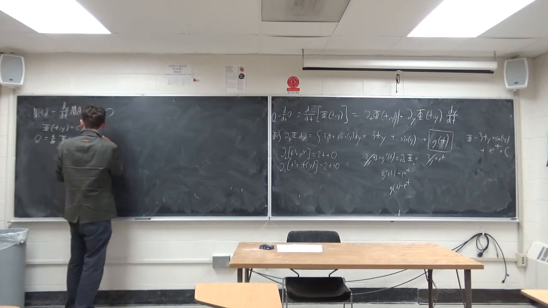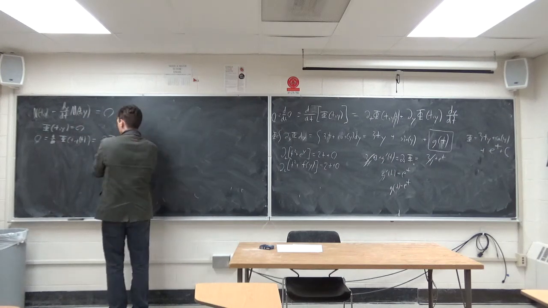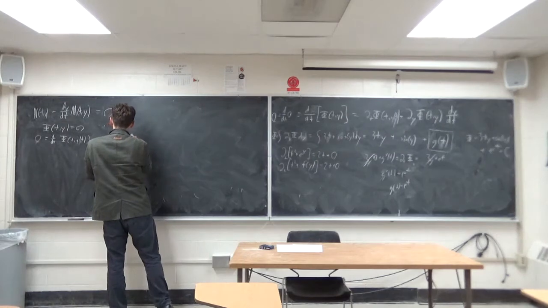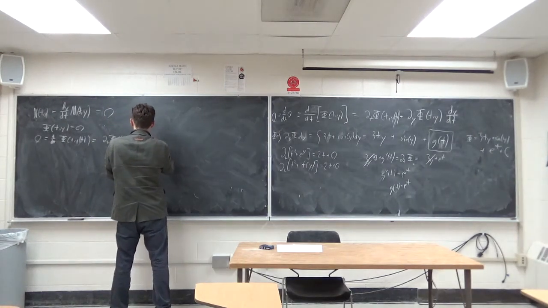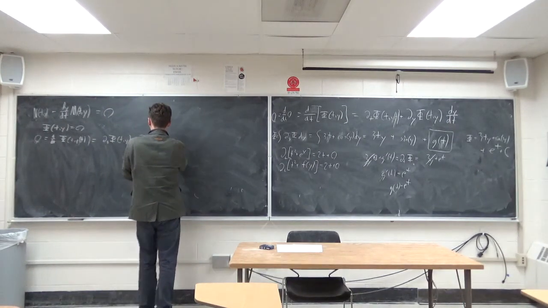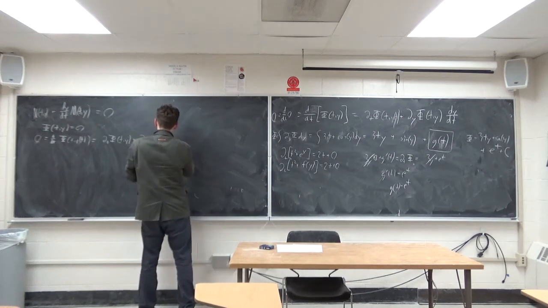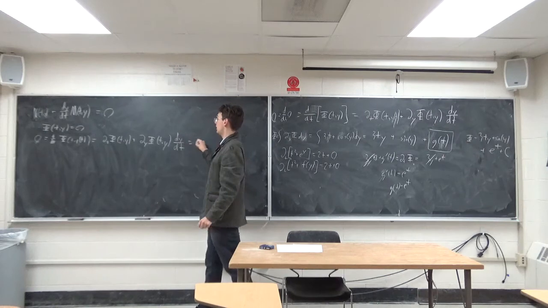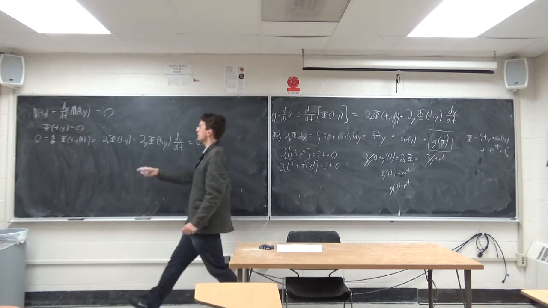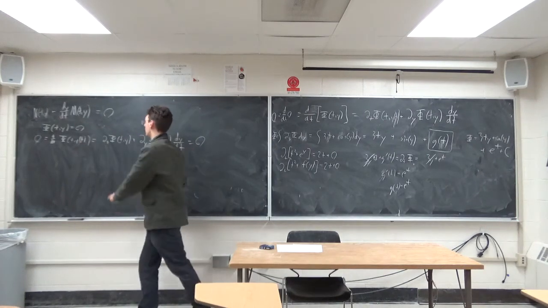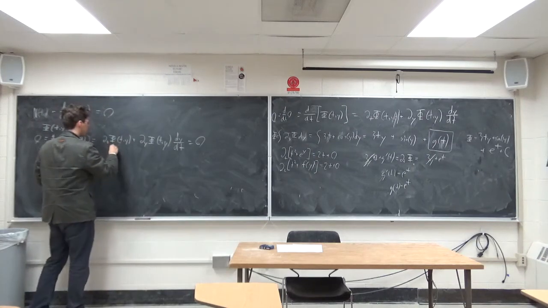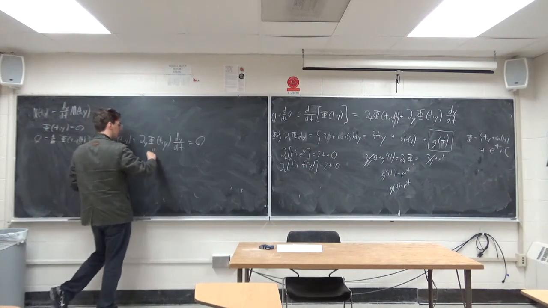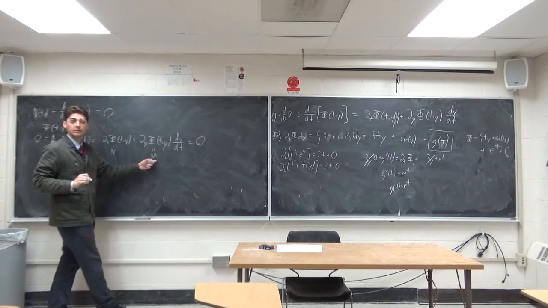On this side, it equals the partial with respect to t of phi, plus the partial with respect to y of phi times dy/dt. And this is the same form as that right there, where let's hope this equals N and this equals M. That's the hope.